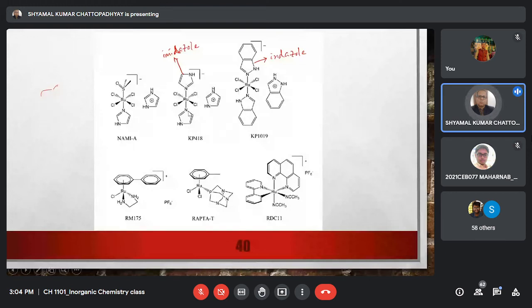So here we have 2 imidazole moieties, here we have 2 indazole moieties, and again on the outside we have a cation. So these 3 ruthenium compounds are now at a very active stage of trial, I mean the third phase of clinical trial, and in some countries they have already been allowed as a treatment protocol for cancer chemotherapy.